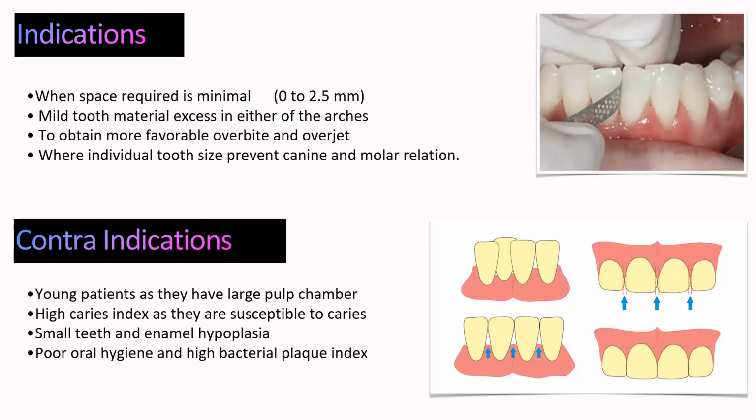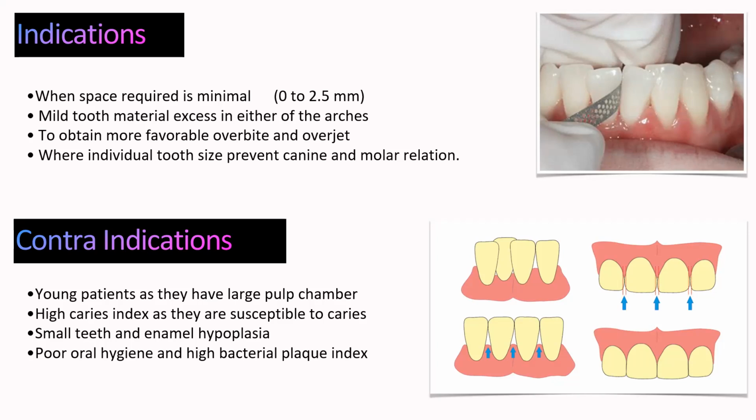So, indications. Indications for proximal stripping are when space required is minimal, when the amount of space to be gained is limited, like from 0 to 2.5 millimeters. In that case, you can go ahead with proximal stripping.